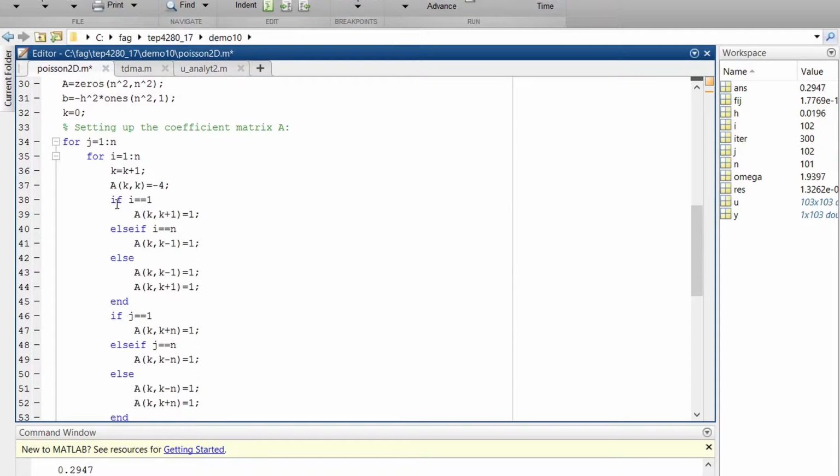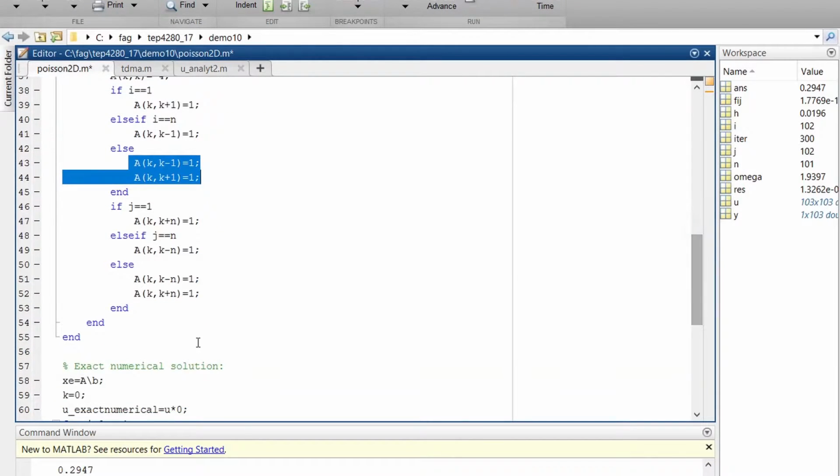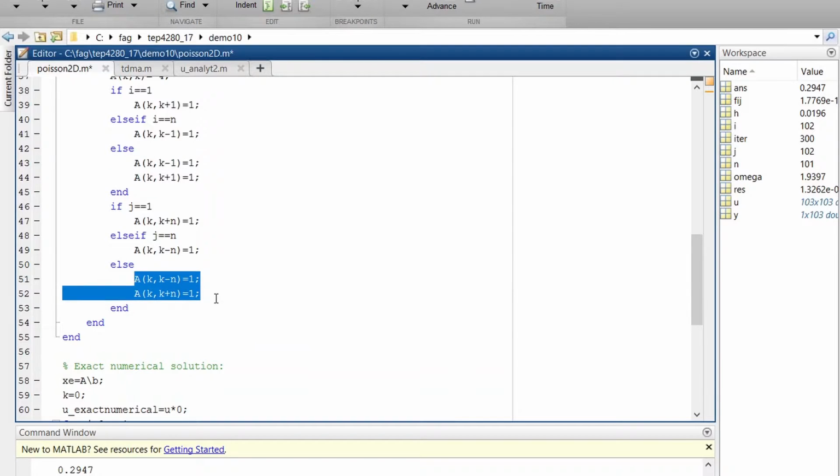And then if you are close to a boundary, okay, then you have to do something special. If not, then you have both active neighbors close to you in the x direction but then also in the y direction, although there you have to add the number of unknowns in one dimension, to keep this one correct.